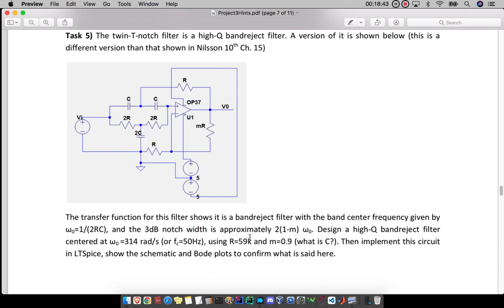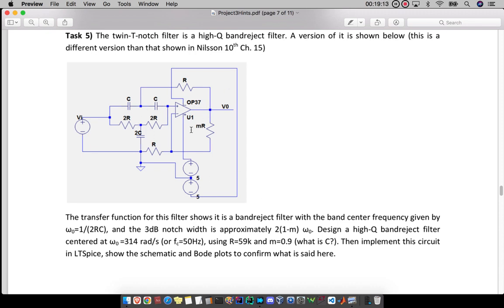We use R as 59K, and you just plug that into the R's. Where you see 2R, you just plug the 59K ohm in and multiply that by 2. For the lowercase mR, you just multiply 0.9 times 59K.